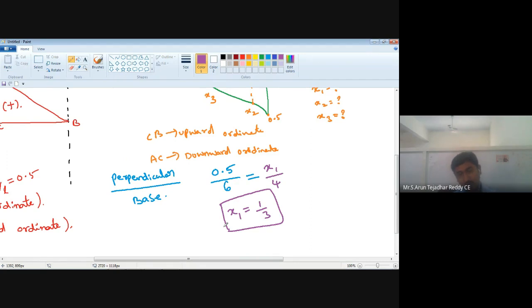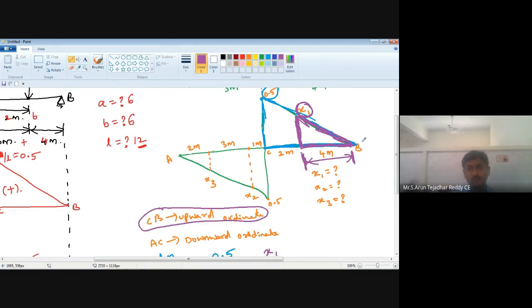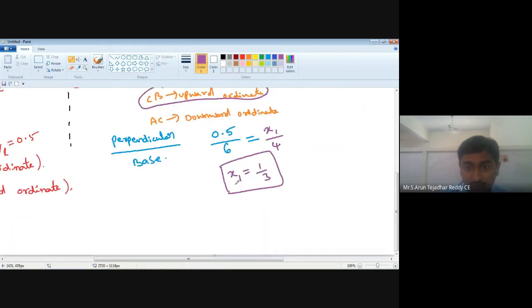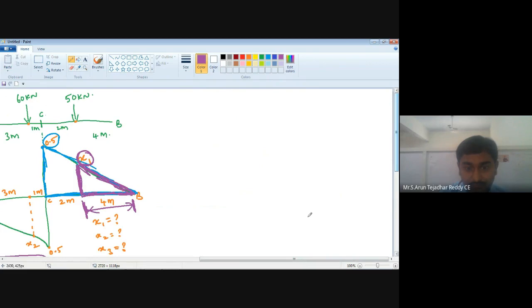Okay. Now next is the downward ordinate. See here, this part is completed. Now forget about the upward ordinate. Now consider the downward ordinate, that is A to C. Now I will draw a separate diagram for the downward ordinate.